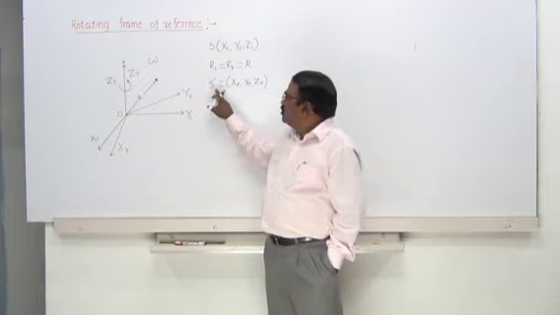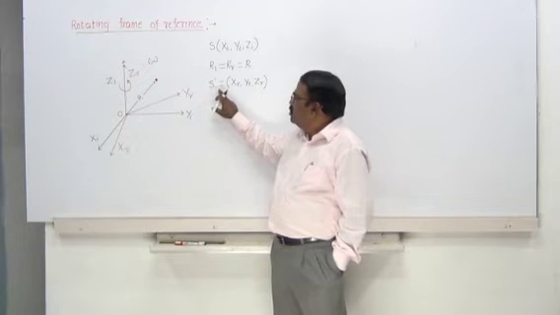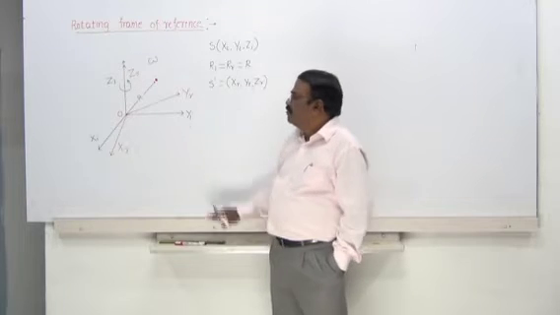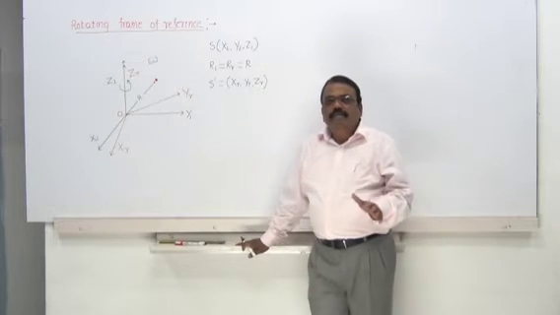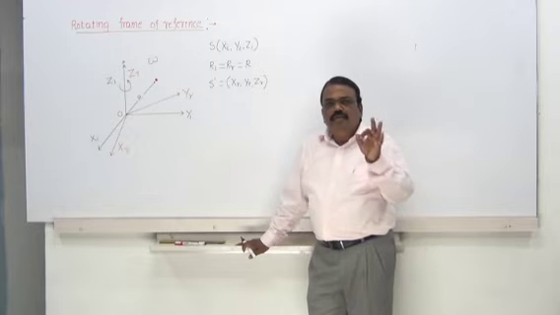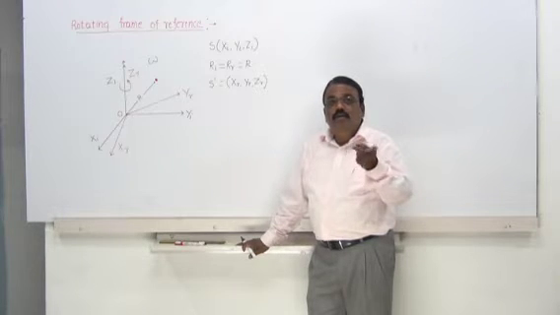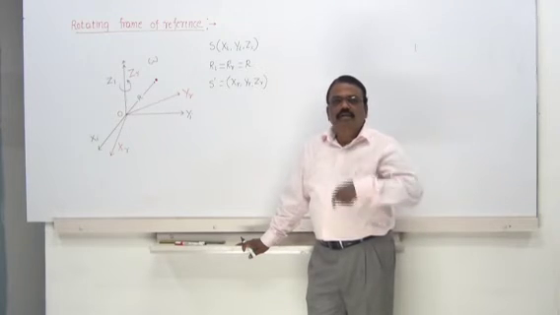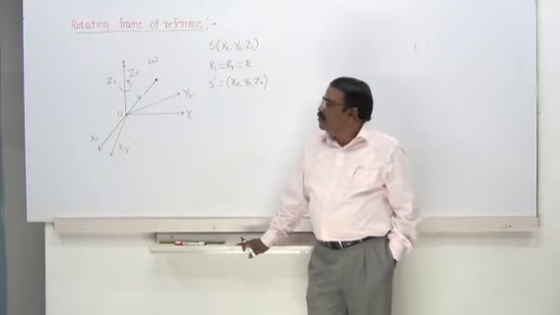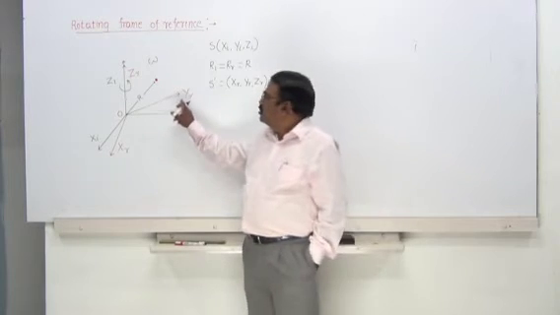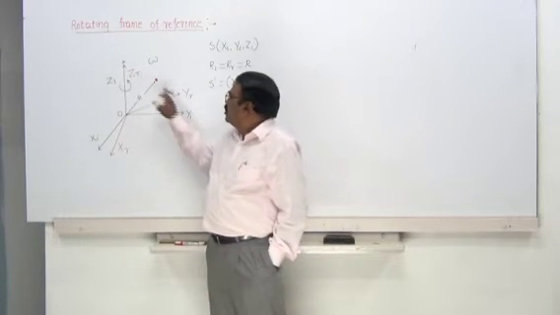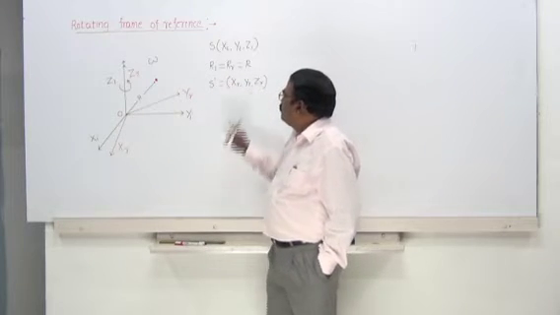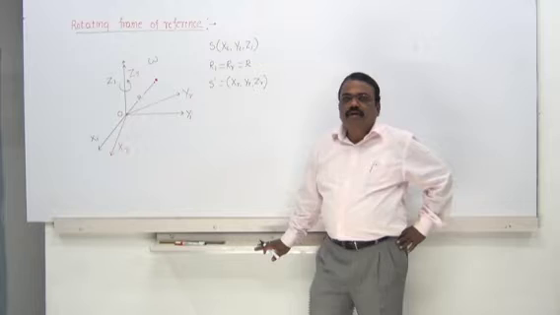So this reference frame is represented by S dash is equal to XR, YR, ZR, and definitely the rotating frame of reference is a non-inertial frame of reference because it is constantly rotating. So let ZR, YR and XR represent the coordinates of the S dash frame.